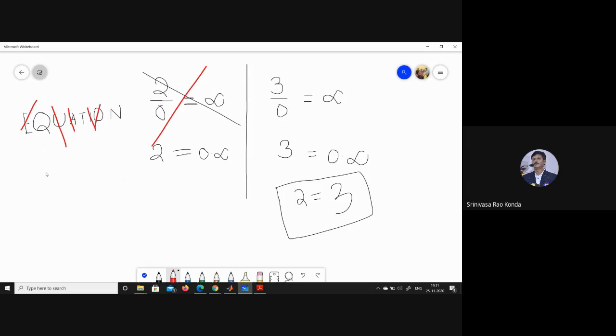The simple logic we can say like this: 2 by 5.